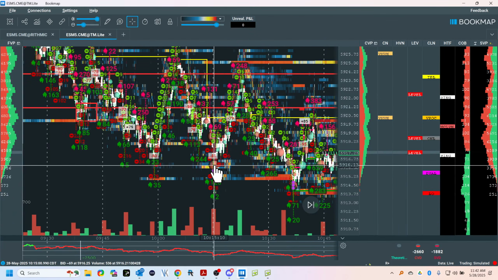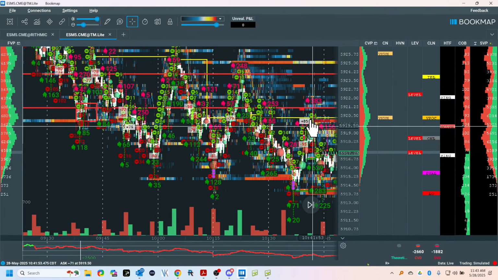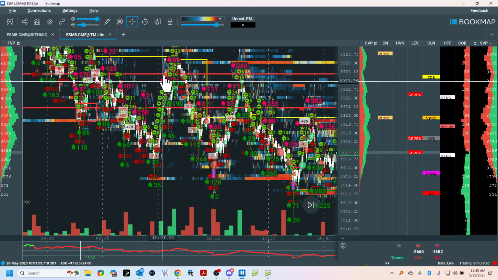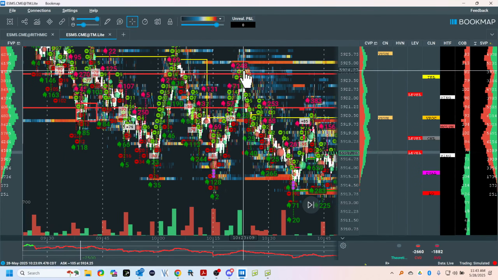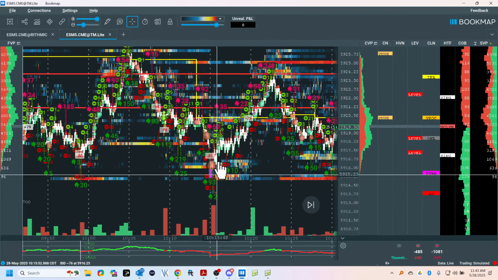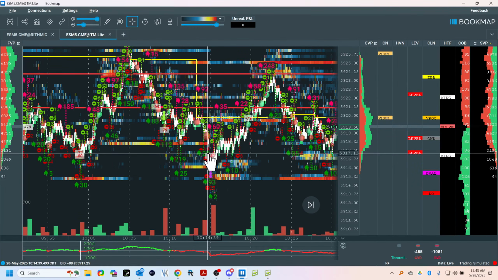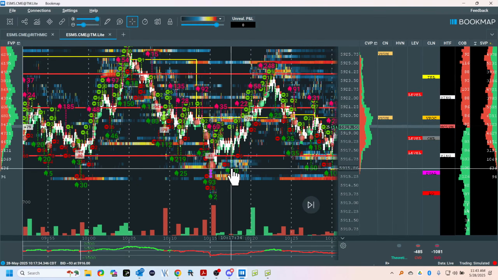If they thought this was a heck of a deal, they may show up here. See them? The sellers thought this was too high. They might show up here. The buyers thought this, which was the last swing down, was too low, right here. Buyers are there. Let me put a little line in here just to help you see this.